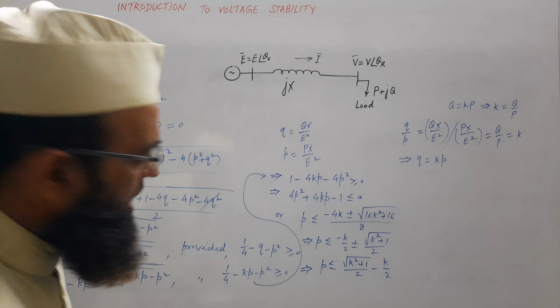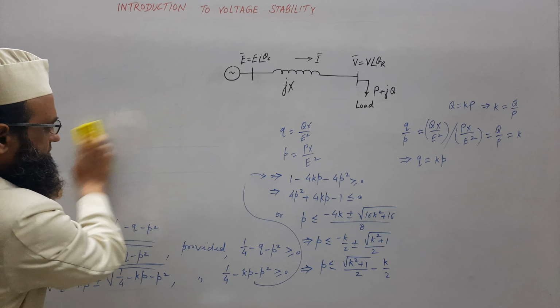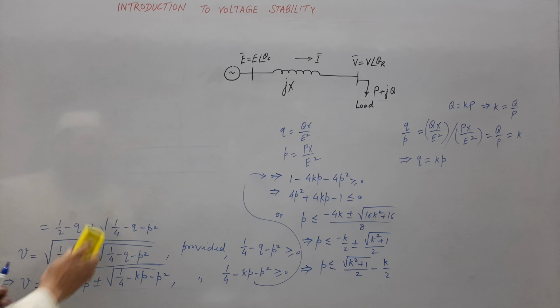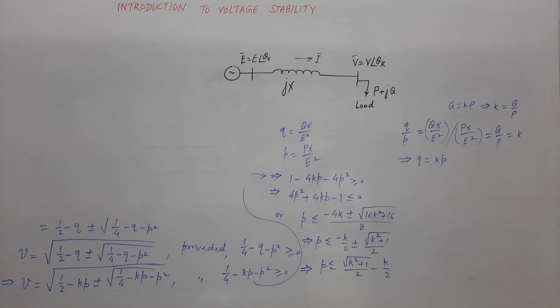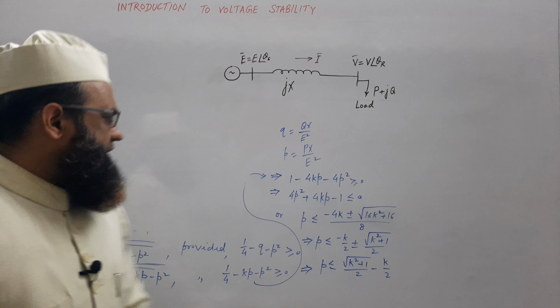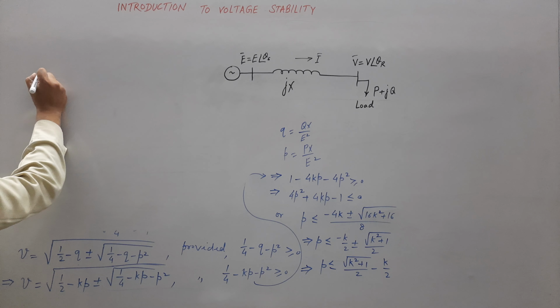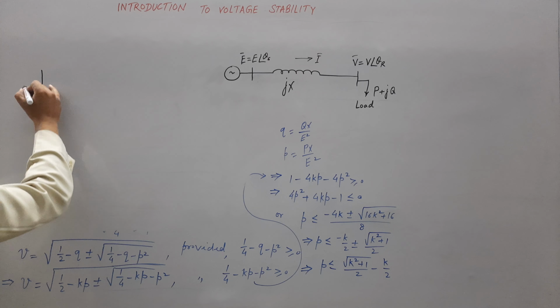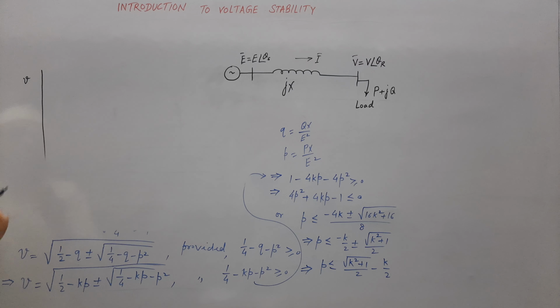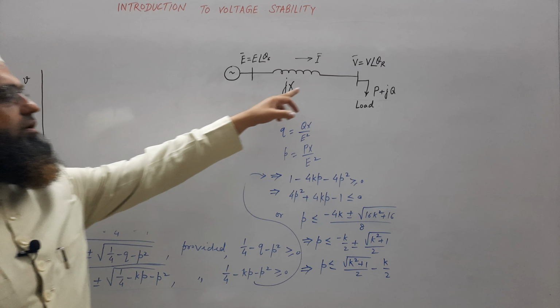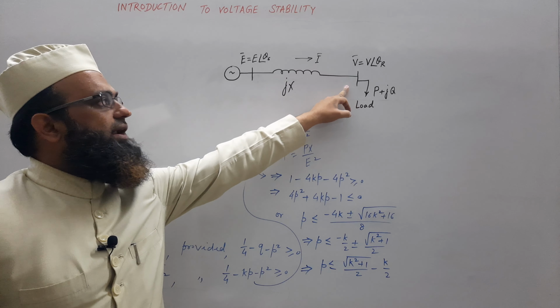If you are going to draw plot between this P and V, so take voltage on vertical axis, per unit value of voltage, that is V, or you may write bus voltage at receiving end in per unit.